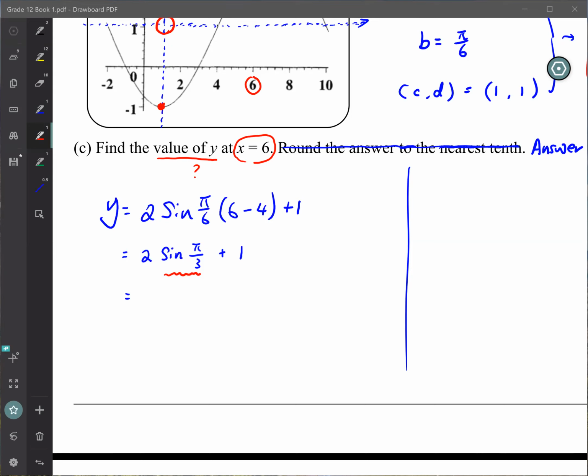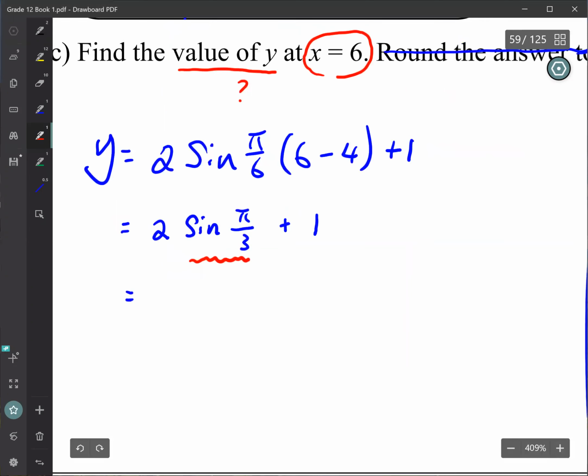They give you the angle here, so you should start by drawing the angle, right? Draw angle, go through the 4 steps. Everybody should know how to do this, okay?